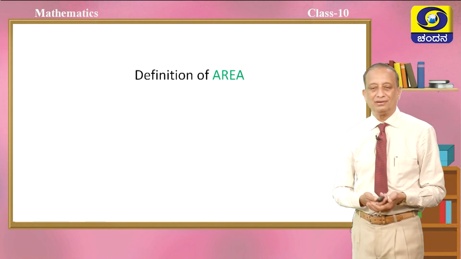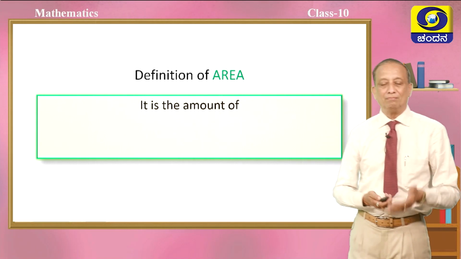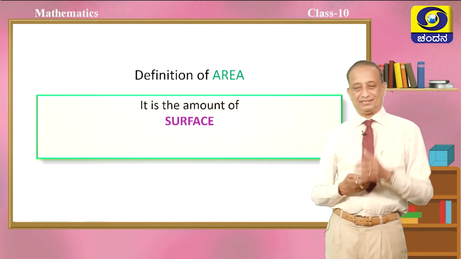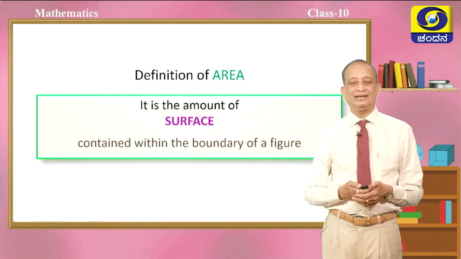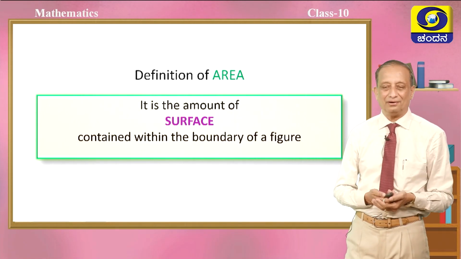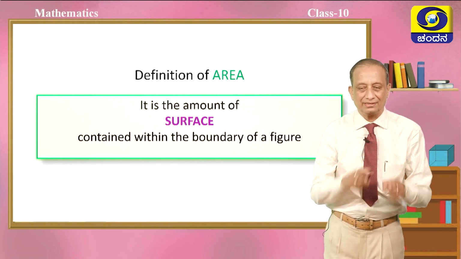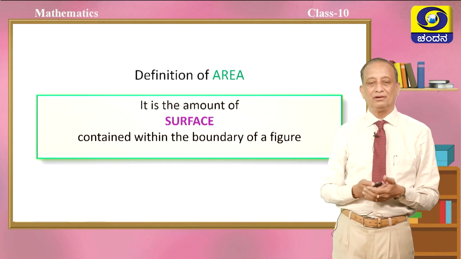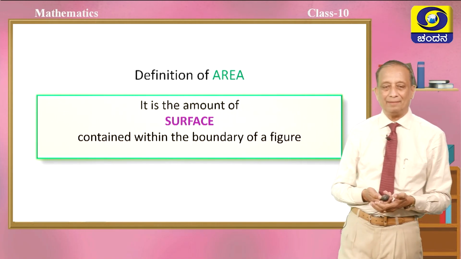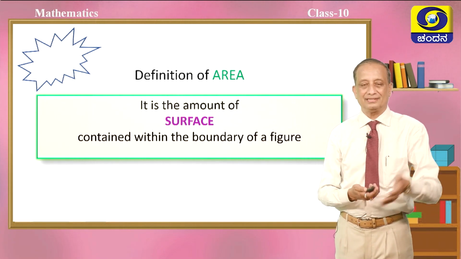Can you also recall this, children? Yes, it is nothing but the amount of the surface, the extent of the surface contained within the boundary of a figure. So, the amount of surface or the extent of surface within the boundary of a figure, that concept we are going to call area. Here is some figure on your monitor screen, it has a boundary.